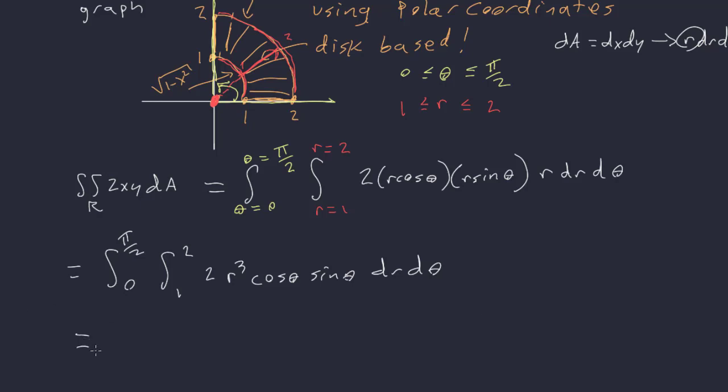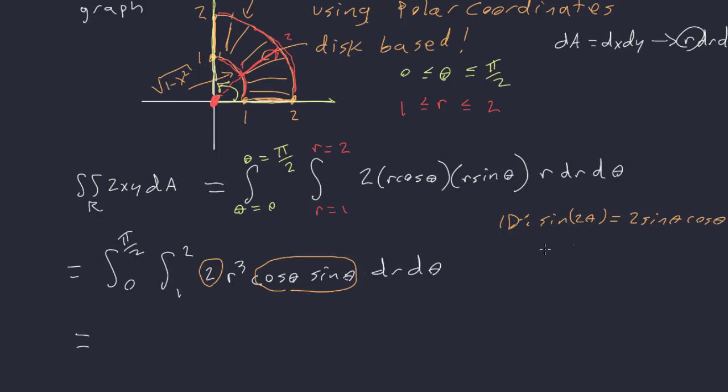Now one thing we might want to do here is simplify, because using this identity, which we've used before, sine of 2 theta comes out to be 2 sine theta cosine theta.